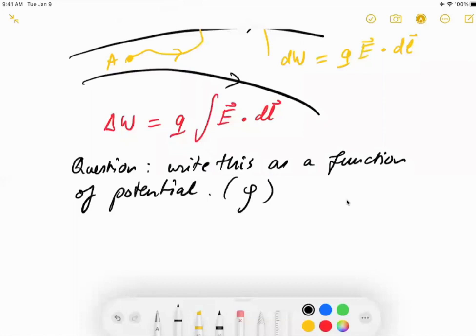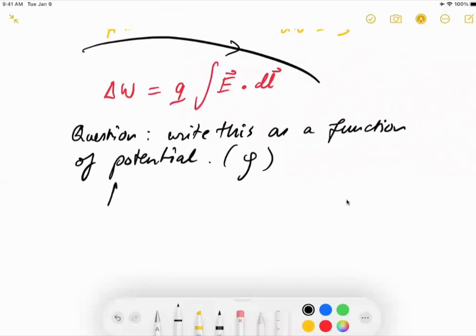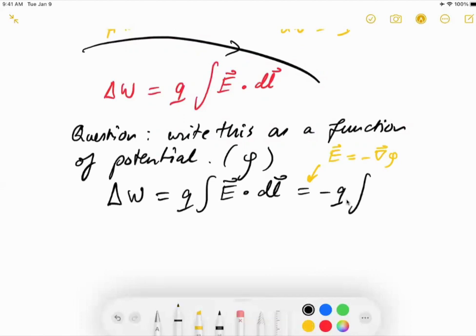Well, the trick is, of course, that you need to use the expression, so write it again, so it's E dl. And of course, using the fact that E is minus the gradient of the potential, we get here a minus Q gradient of the potential dotted with dl, integrated over the entire path.